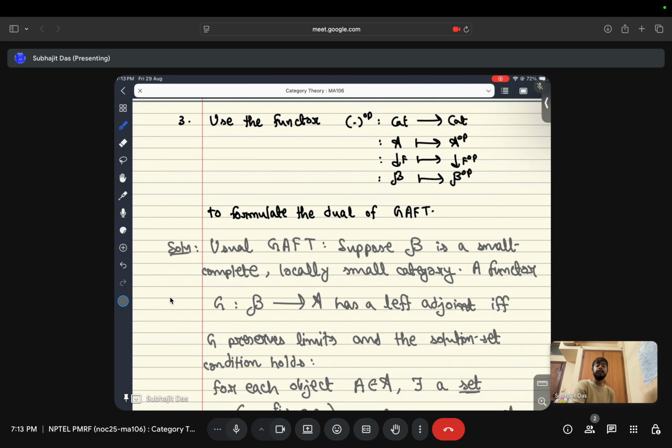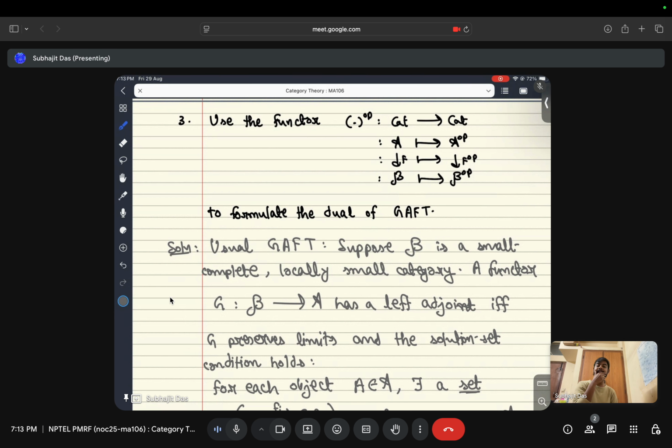Now again, if you take a functor F from A to B, this actually induces a functor F op from A op to B op. We have seen what this functor is. What we want is to formulate the dual of GAFT. So how exactly do we do that?